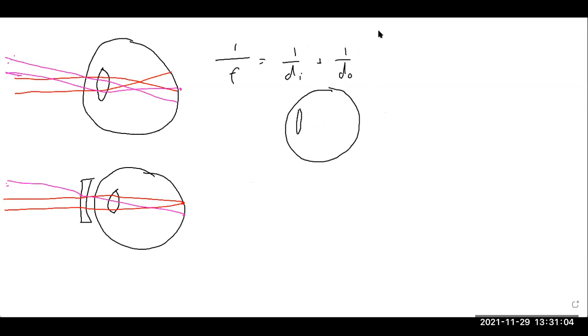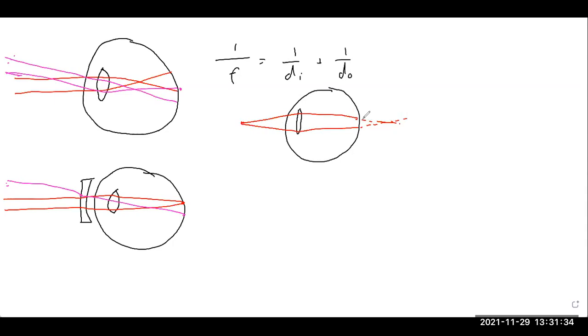So good at seeing things that are far away, but if you put a close object... it would focus it behind the back of the eye, which is no good.